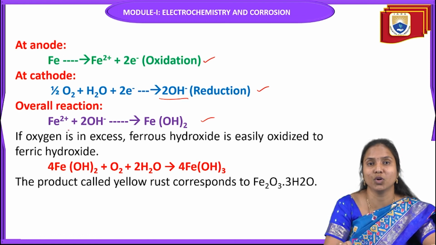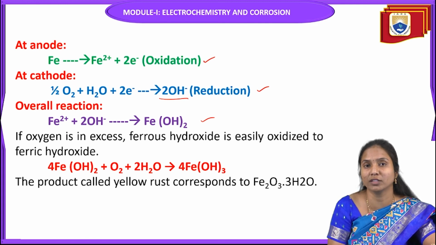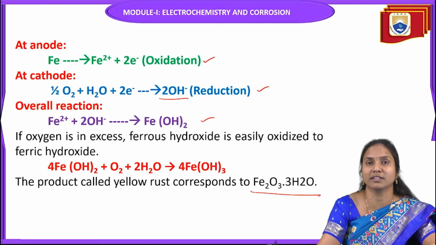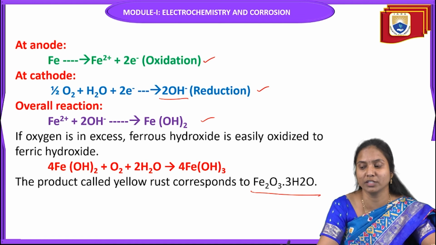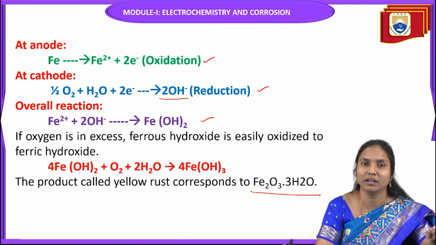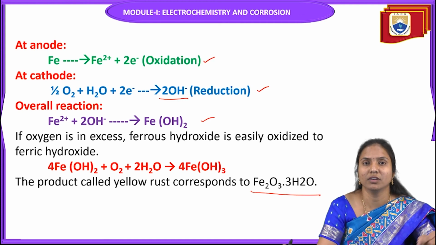Fe2+ plus 2 OH minus gives Fe(OH)2. If excess oxygen is present, this ferrous hydroxide is converted into ferric hydroxide. It means rust is formed. This type of corrosion is called pitting corrosion. Pitting means small cracks are formed on the metal surface. In that case, it undergoes oxidation, that means it undergoes corrosion.